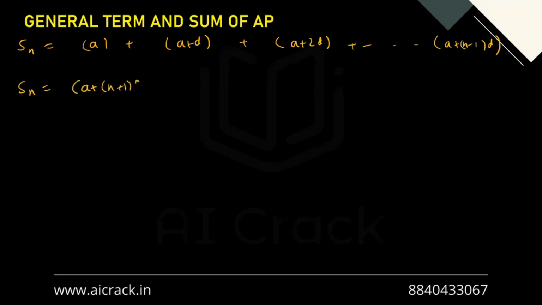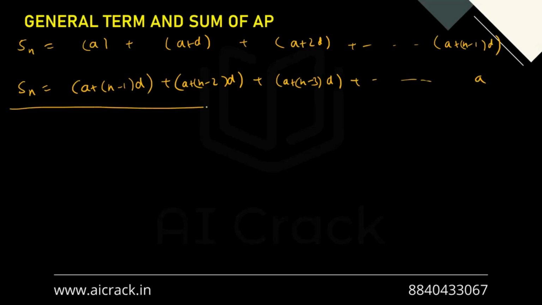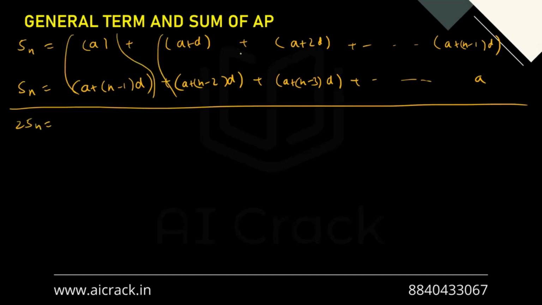A plus (n minus 1)D, plus A plus (n minus 2)D, right? Plus A plus (n minus 3)D, till A. The last term would be A over here, right? Now if we add both of them, we'll get 2Sn equals, adding these terms individually: this becomes 2A plus (n minus 1)D.